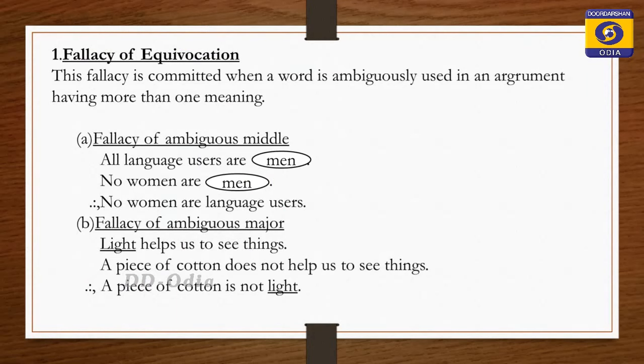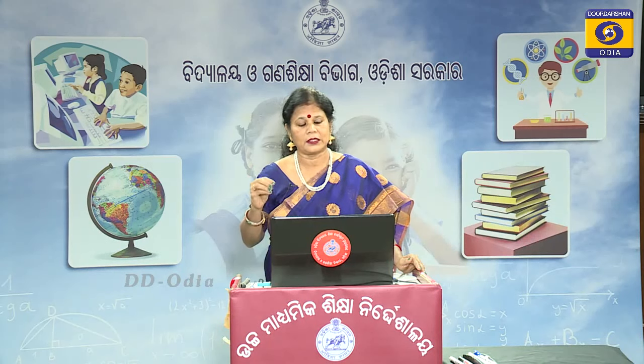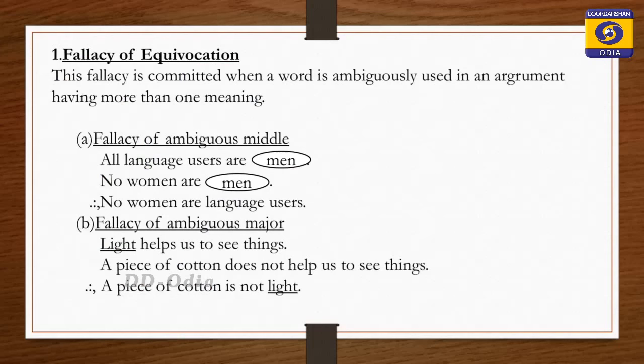And the second proposition: no women are men. When I say no women are men, here I make a distinction between men and women on the basis of sex. By men I mean only the male members.